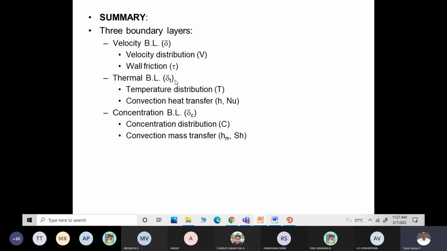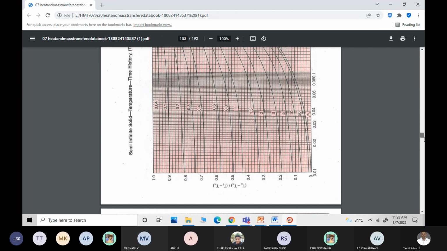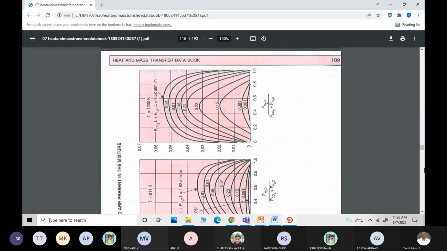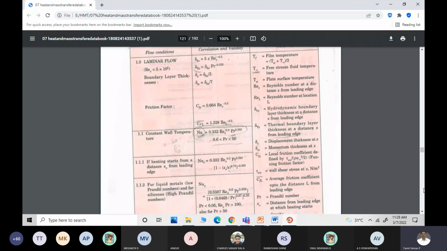So even in the data book you can see here, page number 113, del Tx and del Hx.